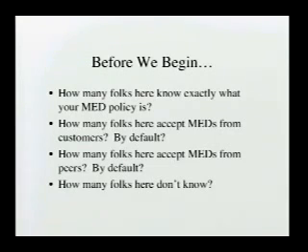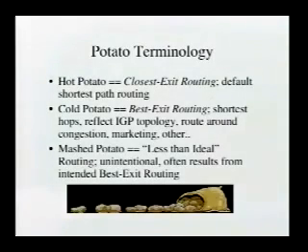Okay. So, potato terminology. People use the potato term like hot potato, meaning tossing a hot potato back and forth between one's hands, and they use that to refer to closest exit routing. In other words, get it away from me as fast as you can. And that's actually the default behavior, more or less, for closest exit or shortest path routing.